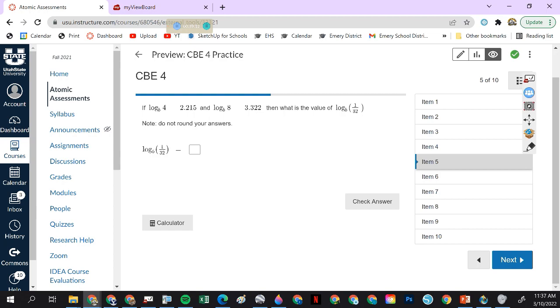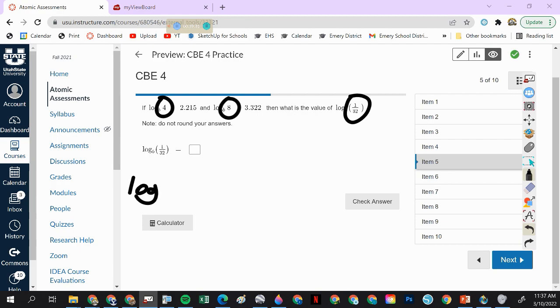So we need to build this fraction using only 4s and 8s. How can we build 1 over 32 using only 4s and 8s? So log base b of what? 4 times 8 is 32.